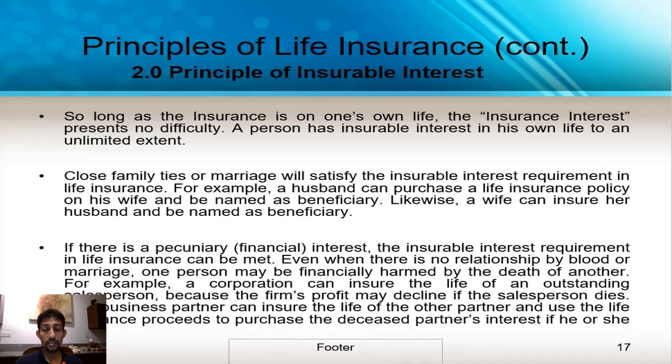One business partner can insure the life of another partner and use the life insurance proceeds to purchase the deceased partner's interest if he or she dies. So therefore, it's not only by relationship by blood or marriage; even if there is a financial harm by the death of the other person, it can come under insurable interest.